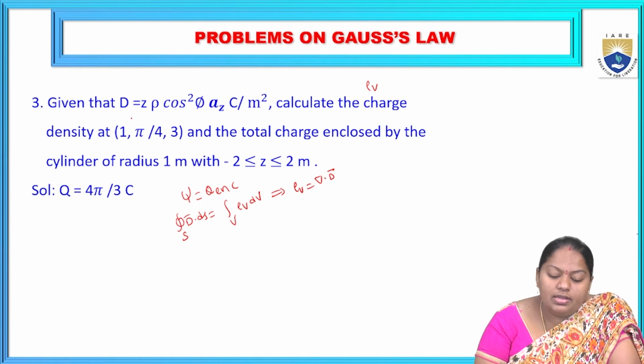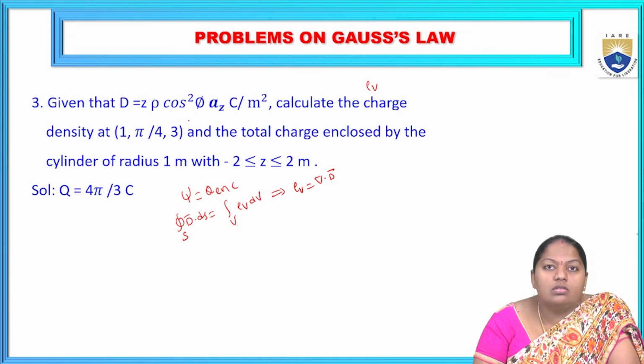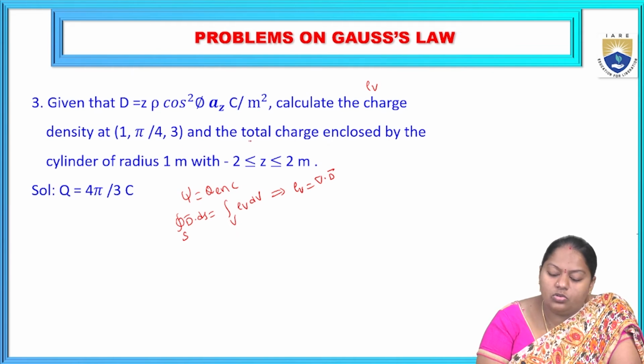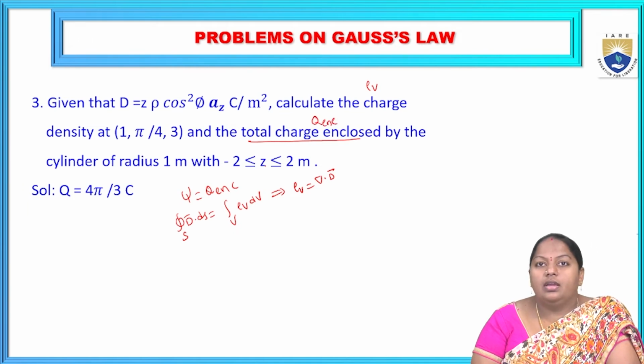Right? So given that D is Z rho cos square phi AZ coulomb per meter square, we calculate the charge density rho v at (1, pi by 4, 3), and from that the total charge enclosed by the cylinder, which is q enclosed.